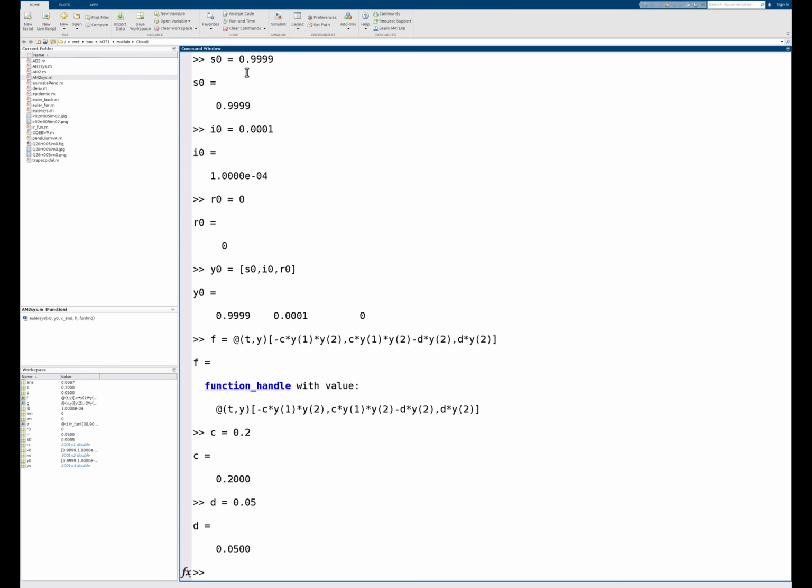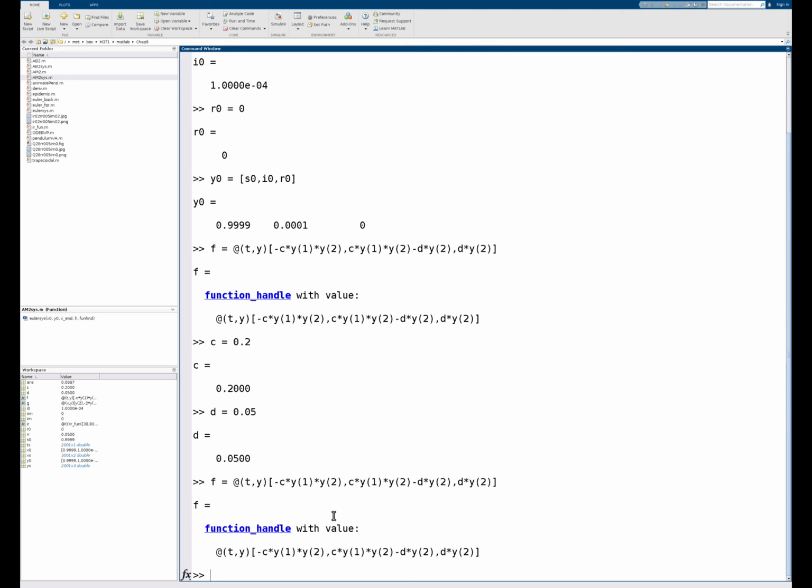Anyway, let me go with those numbers, and then let me redefine F again. So F, as you can see, is simply taking the growth rate, negative c, the growth rate times y1, the fraction of people who are susceptible, times the fraction of people who are infectious, right?